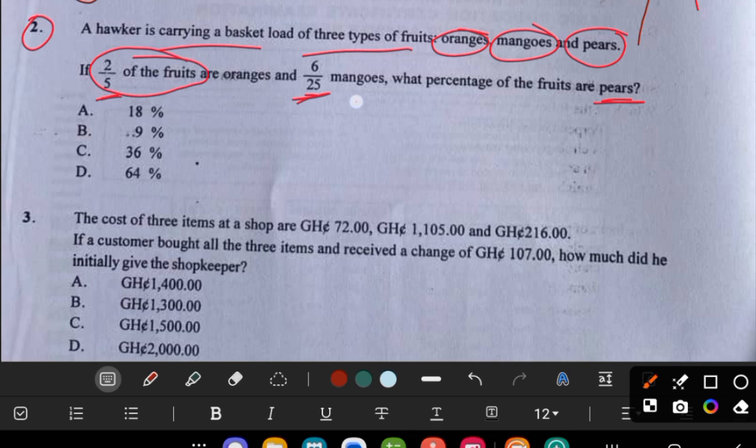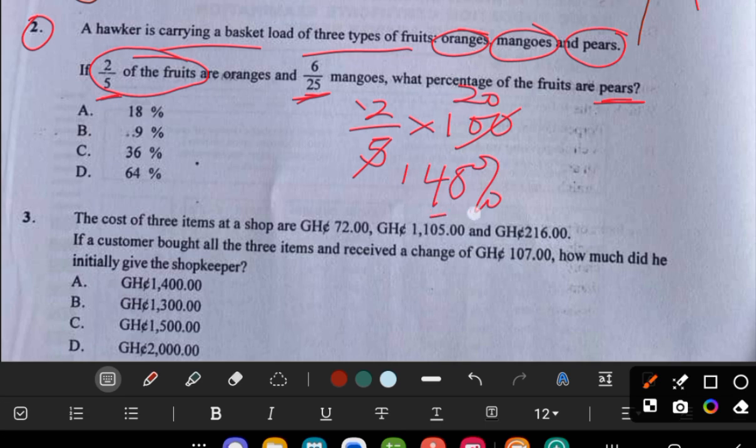So 2/5 multiplied by 100 is oranges. So 5 here 1, 5 here 20. So 20 times 2 is 40%. So the percentage of fruits that are oranges are 40%.